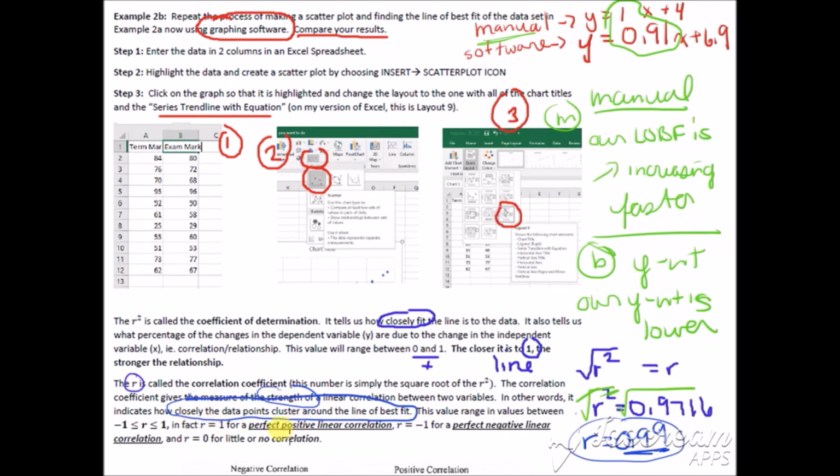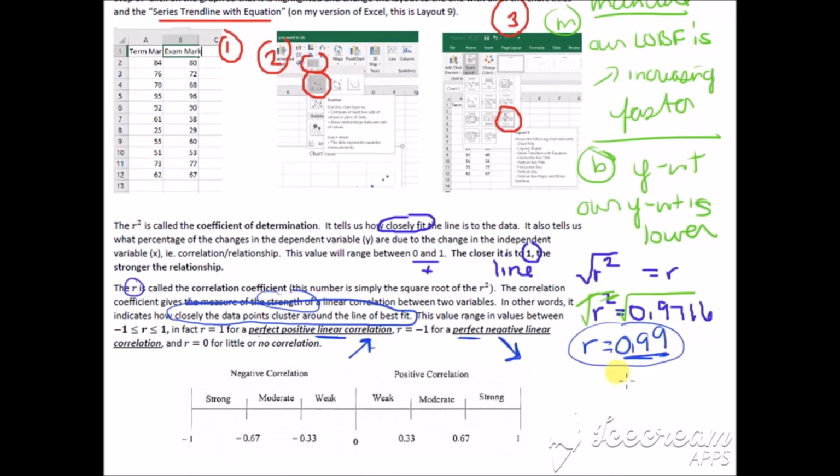When r equals 1, it's a perfect linear relationship, a perfect line. Or -1, it's a perfect line as well. But positive goes up, negative goes down. So if we were to put this into negative correlation or positive correlation, it would land right here.